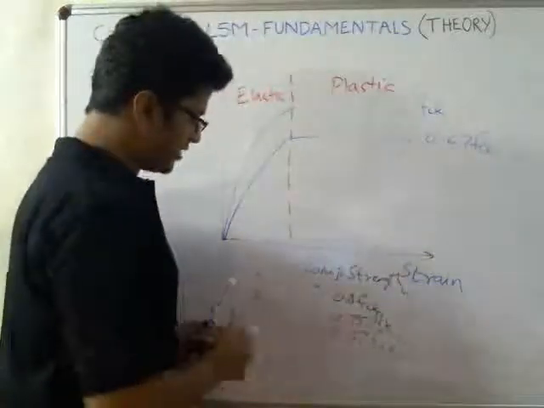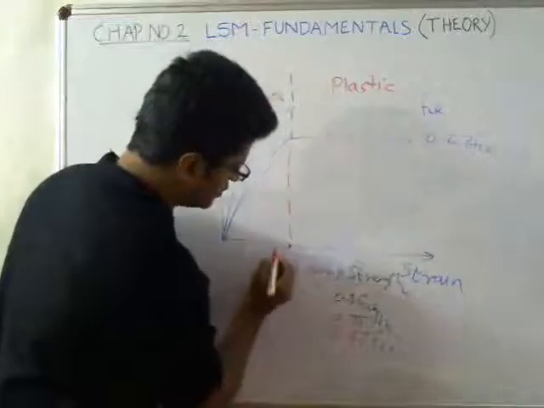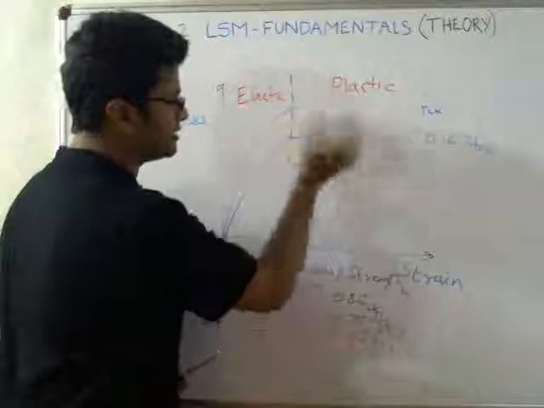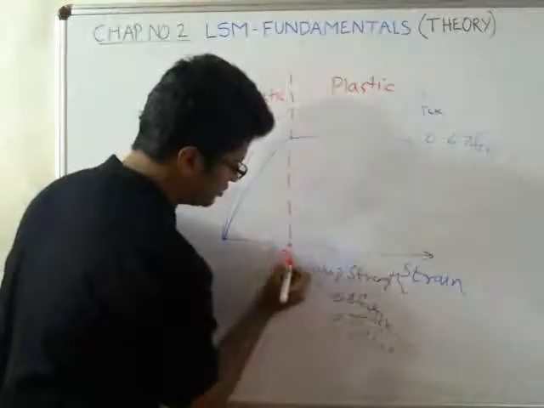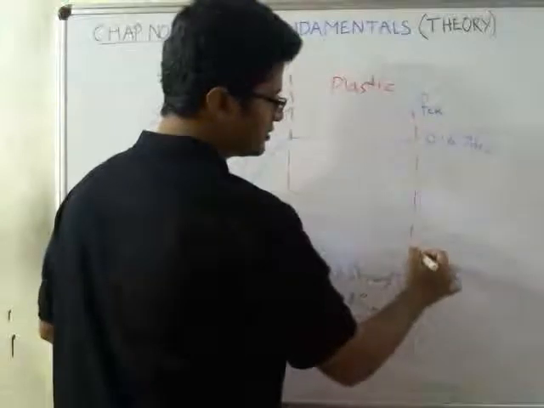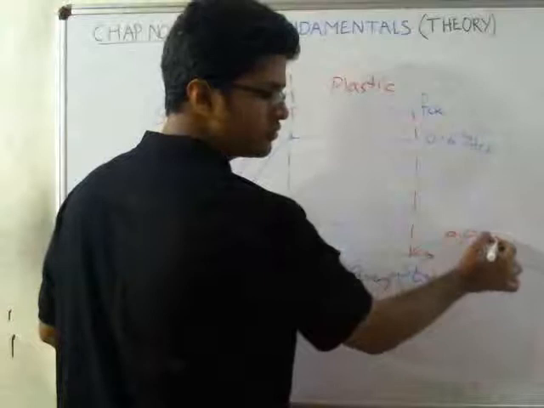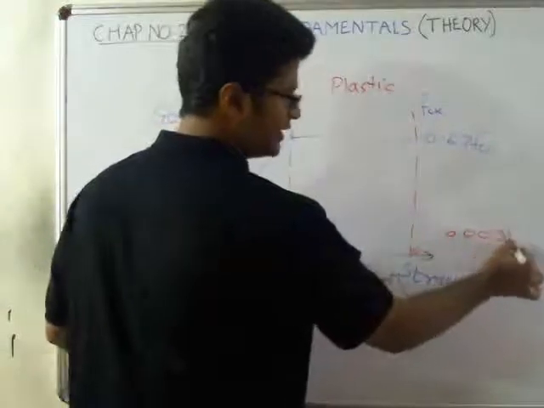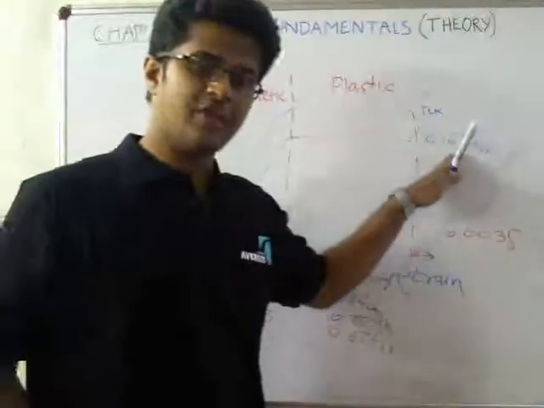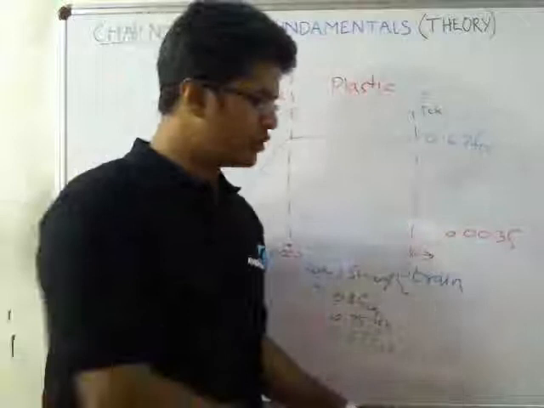And also, I would like to mention the assumption in the IS code: the strain value after which it moves from elastic to plastic state is 0.002, and this value, which was I think our second or third assumption, 0.0035 is for concrete. So this is the actual value which we should consider for bigger members in comparison to a cube.